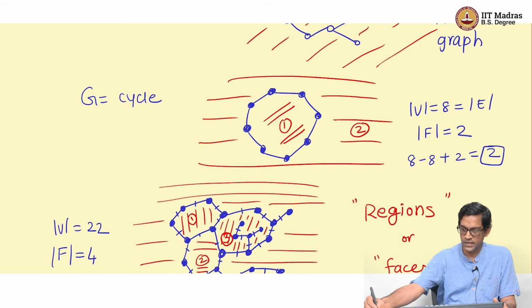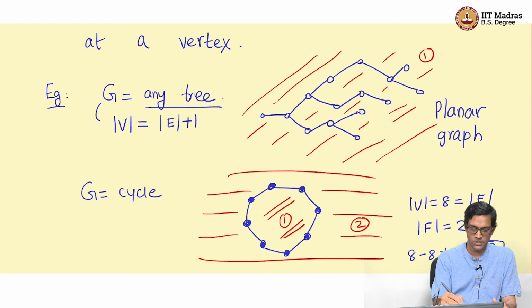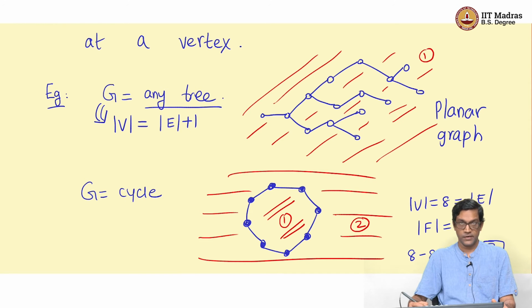And in the case of a tree, there are no interior regions, only one exterior region. Observe we proved that if you have a tree, then it always has vertices equal to edges plus 1. So that was one of the various characterizations of a tree, that it is a connected graph which has |V| equals |E| plus 1, or that it is an acyclic graph with |V| equals |E| plus 1.